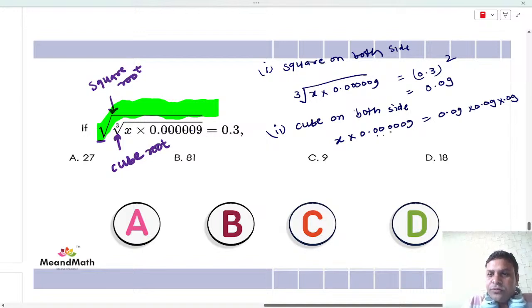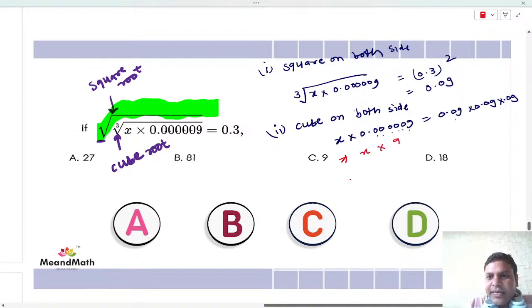So 6 decimals here and 6 decimals here. Or if you face difficulty, just convert them into normal fractions. You will find the perfect answer.